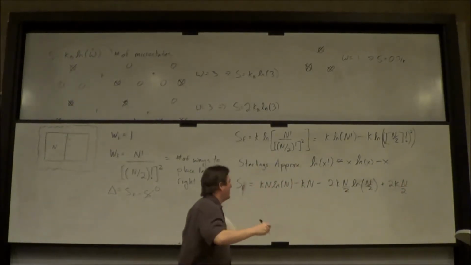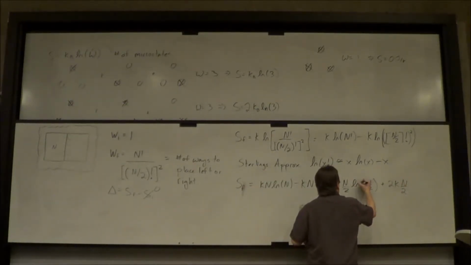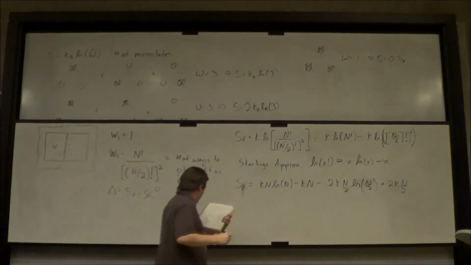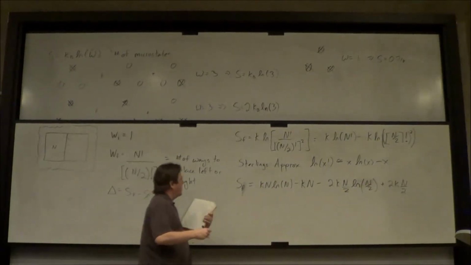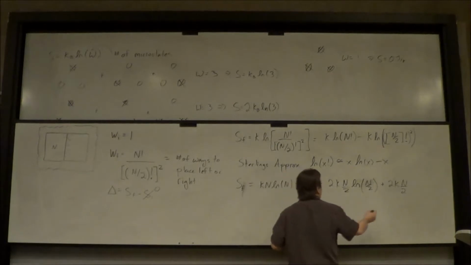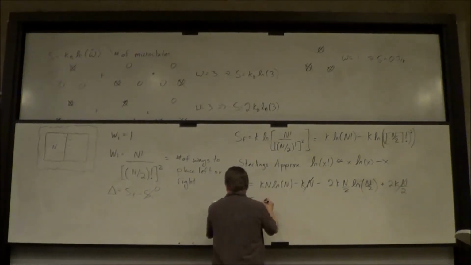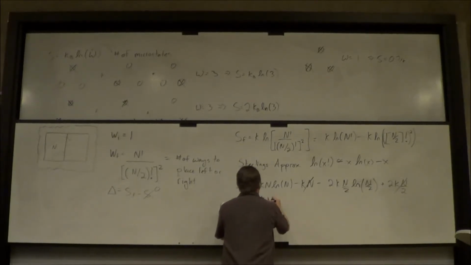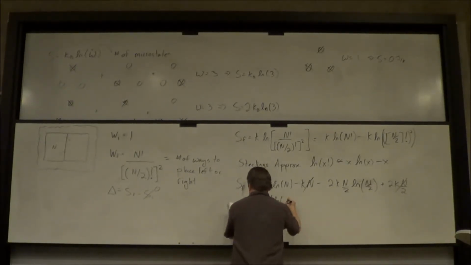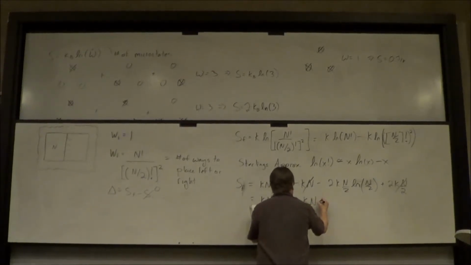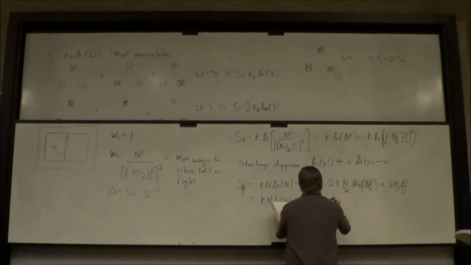I know I've done a couple of steps of algebra, but it's whatever. Okay. So again, if you go to grad school, this is what you're going to see. So those clearly cancel. What I've got left is kN natural log of N minus kN, so I can see I can factor the natural log. So I just have to deal with the natural logs. Natural log of N over 2.